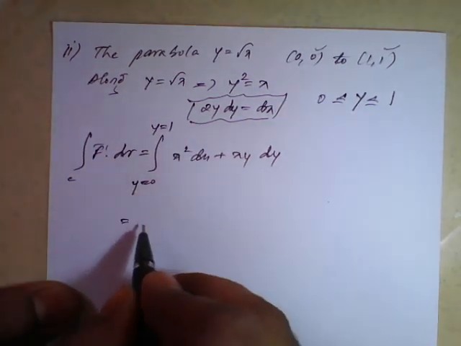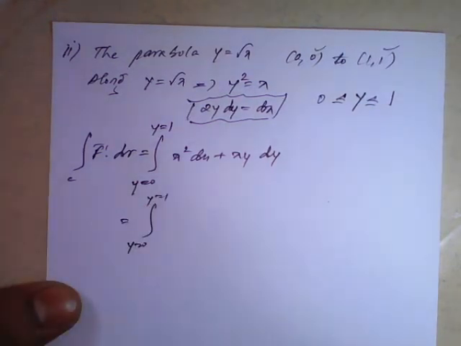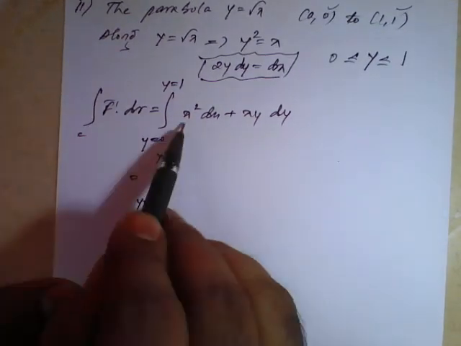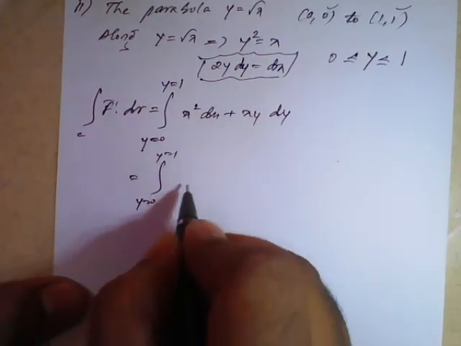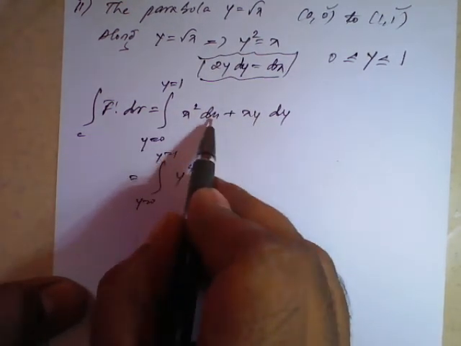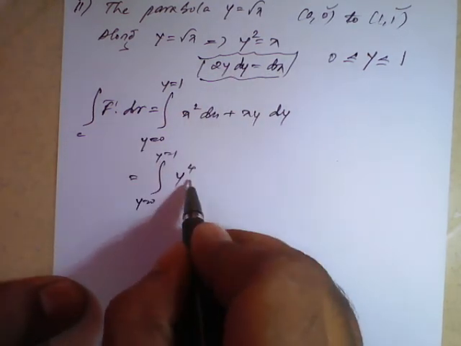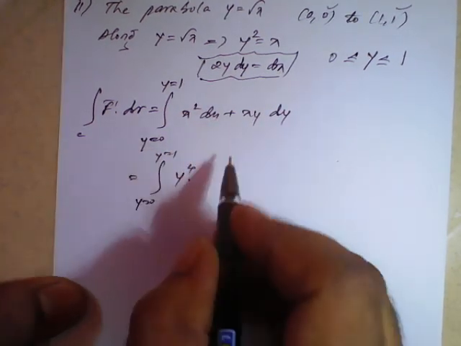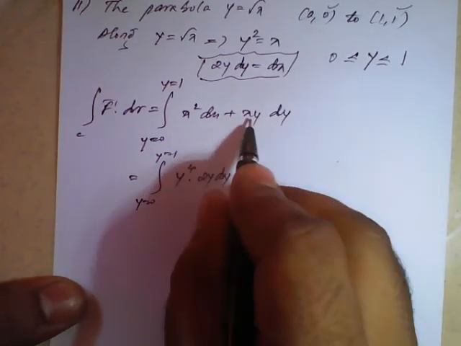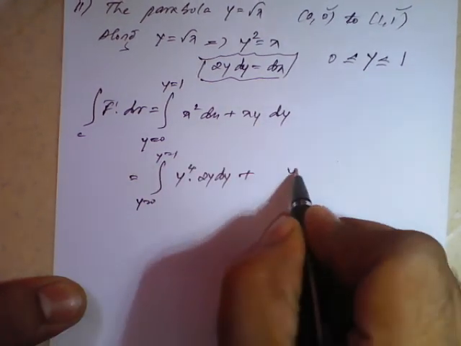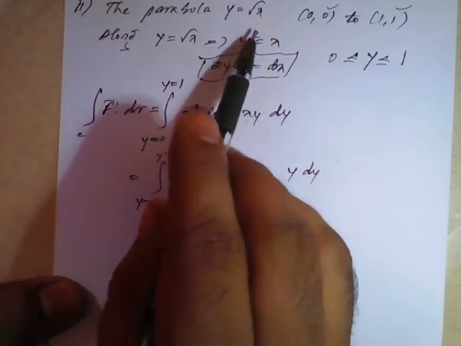So y from 0 to 1, here the x value is y square. X square will become y raised to 4. And dx will become 2y into dy, plus as it is, this y and dy as it is, and the value of x is y square.